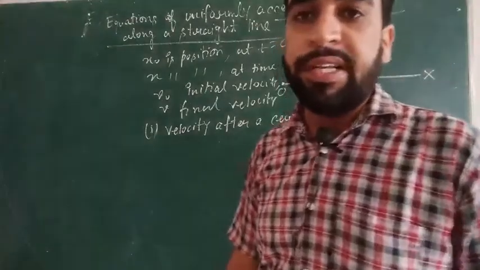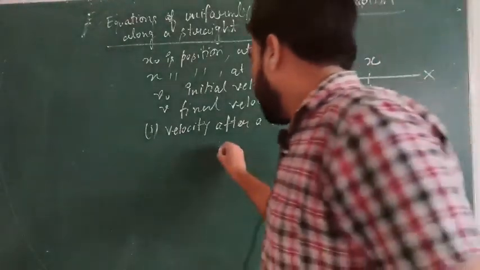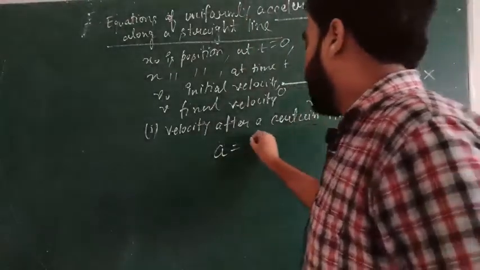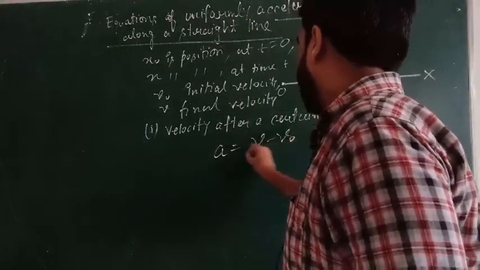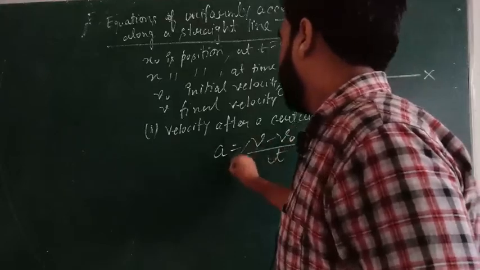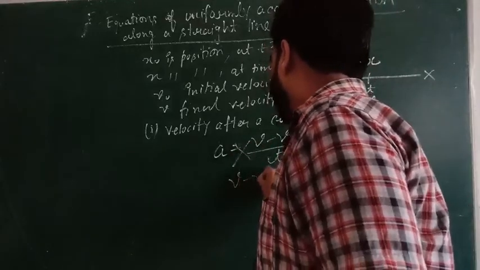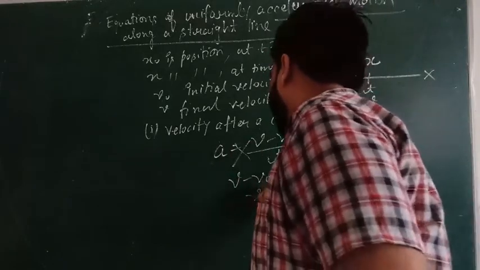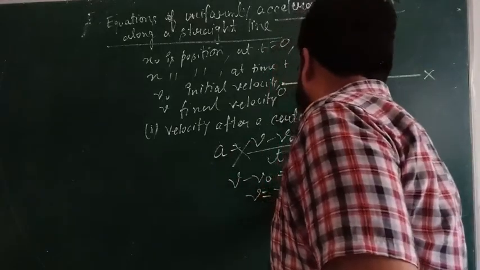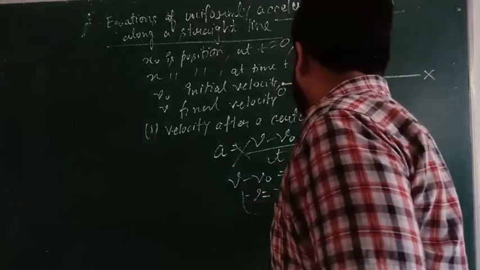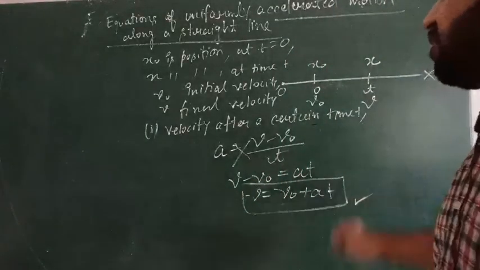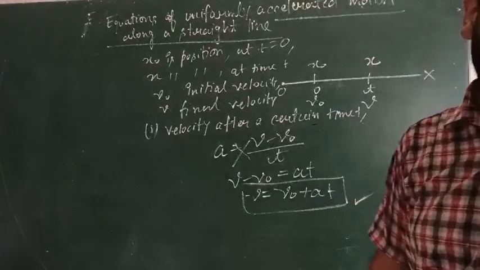How to calculate the acceleration? Acceleration a is the change in velocity, so what is the change in velocity? v minus v0 upon the time taken t. Just do cross multiplication. So v minus v0 is equal to at. Minus v0 will be shifted to the other side and become plus v0. So v is equal to v0 plus at. This is the first equation of motion by the simple method.